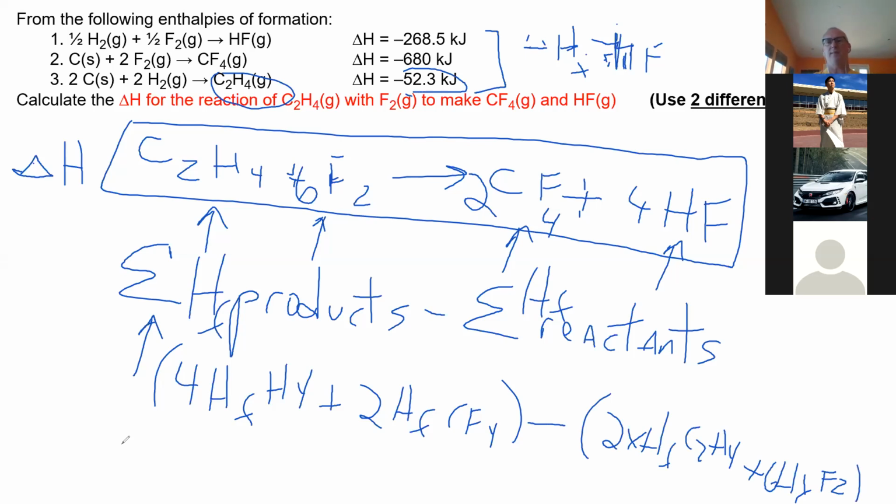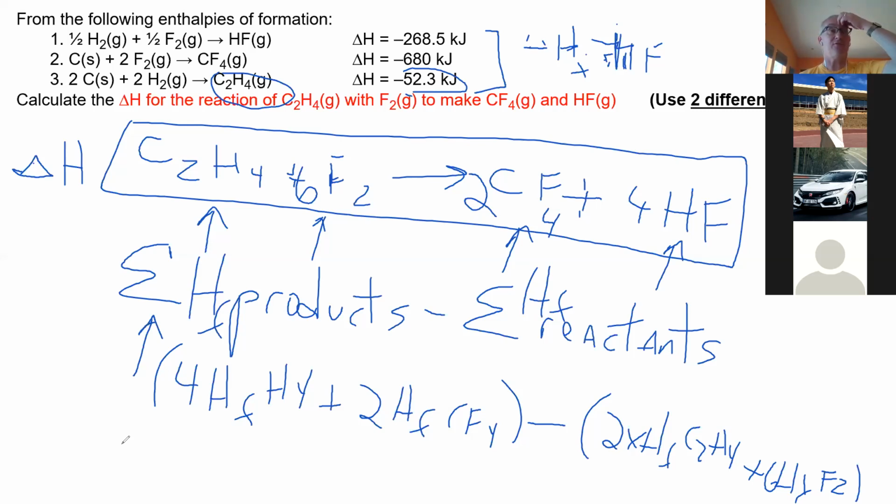That's the other thing you need to remember. What's the heat of formation of fluorine, F2? 0. Very good. The heat of formation of the most stable form of any atom is 0. So the heat of formation for F2 is 0. The heat of formation of F is something else, because that's not the most stable form.